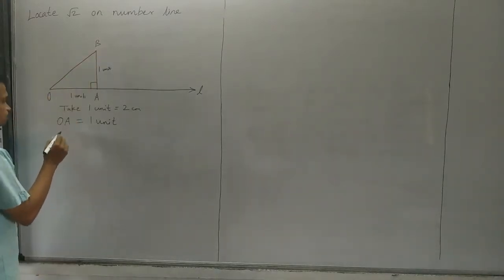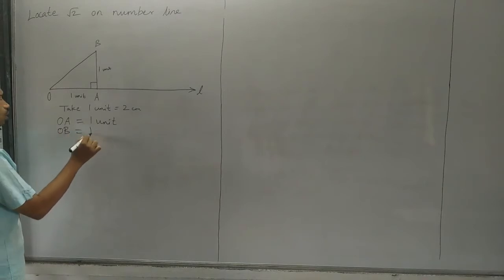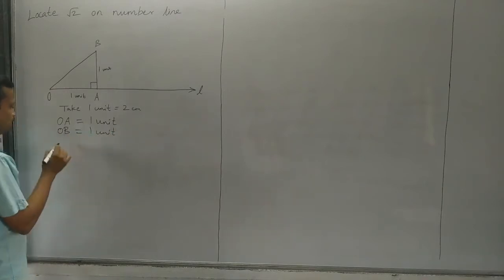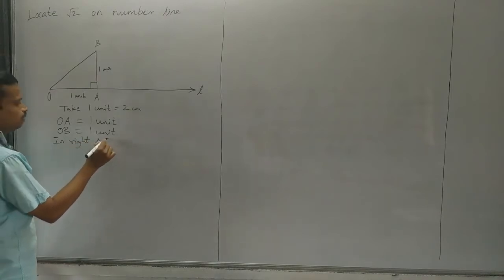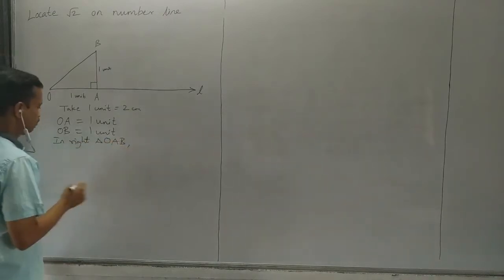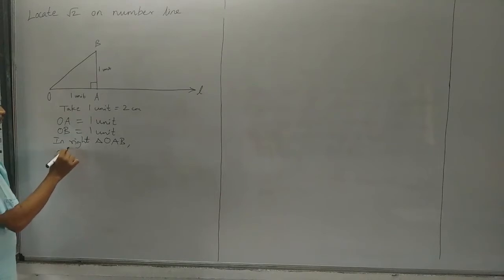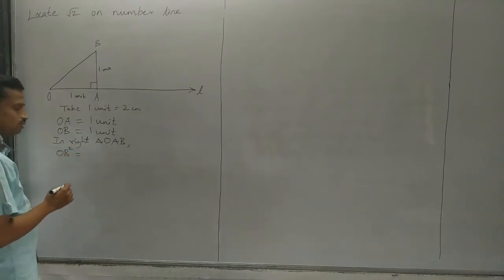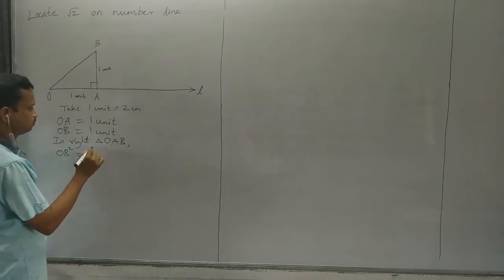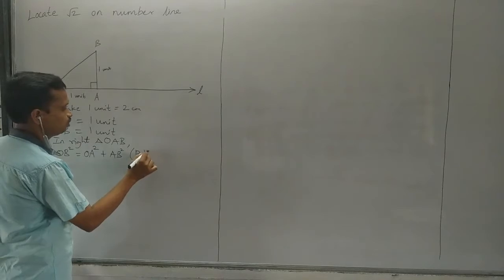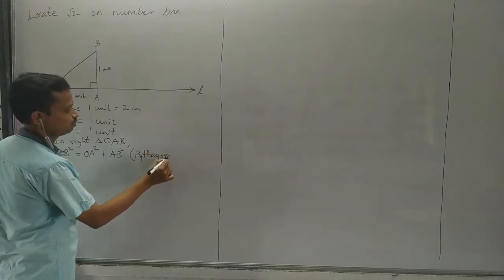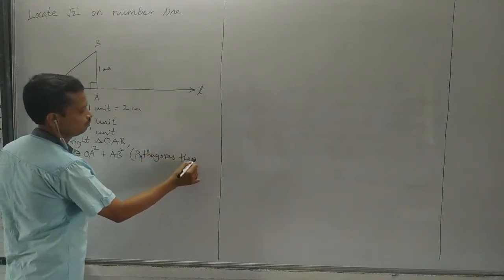And now in the right triangle OAB, OB square, I think you know what I am doing, right? What theorem am I applying here? OA square plus AB square. This is by Pythagoras theorem.